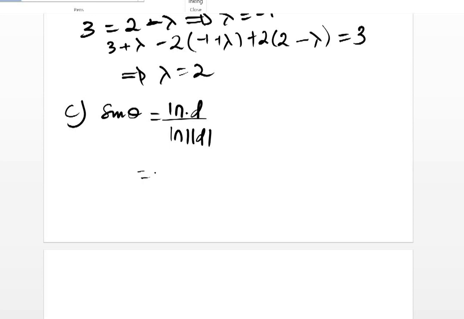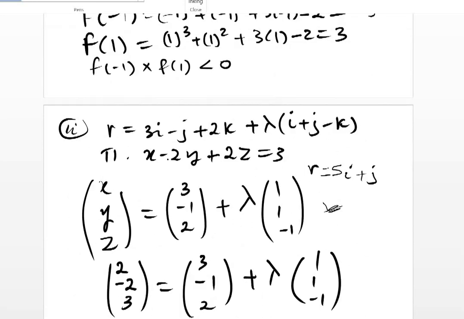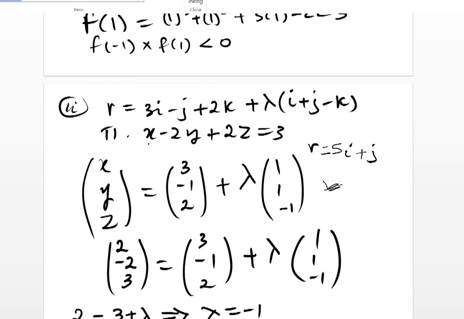So the normal to the plane. How do you obtain the normal to the plane, my dear students? The normal to this plane is simply the coefficients of x, y and z. So it will be i minus 2j plus 2k. That's the normal vector to that plane.